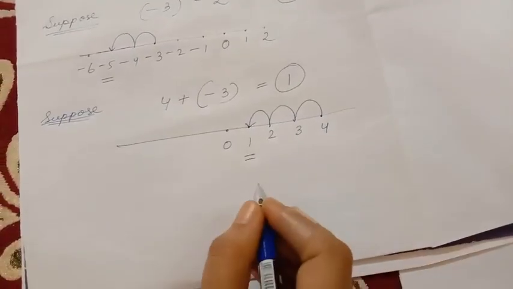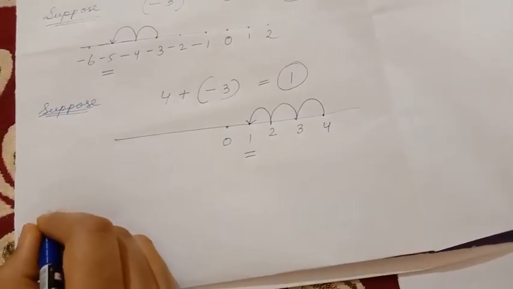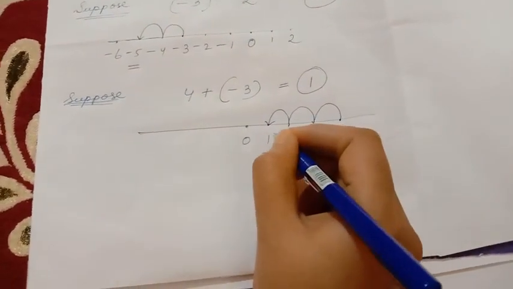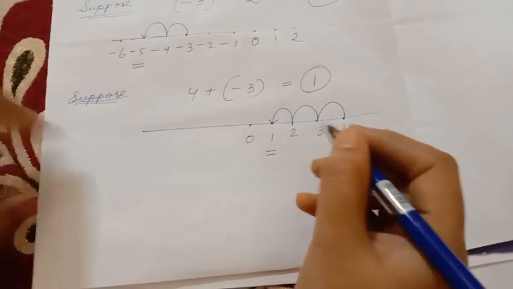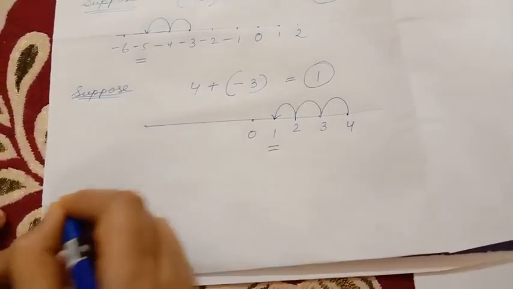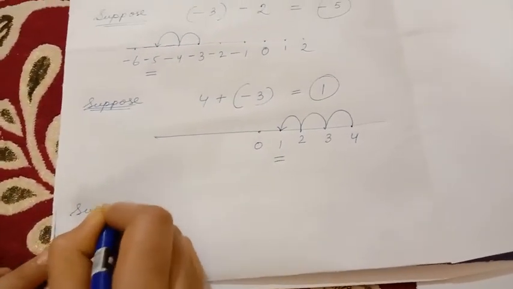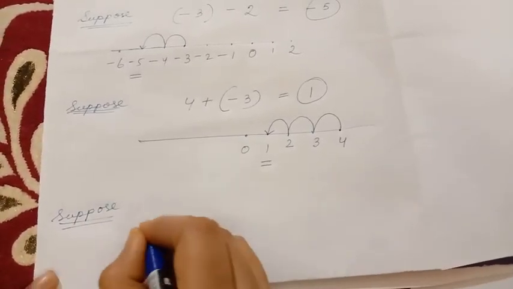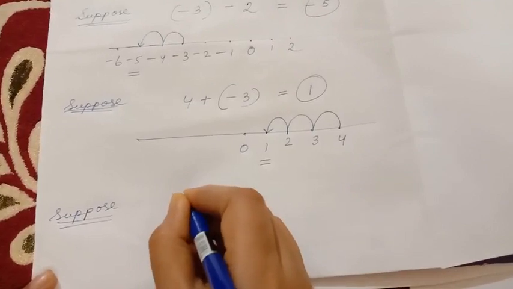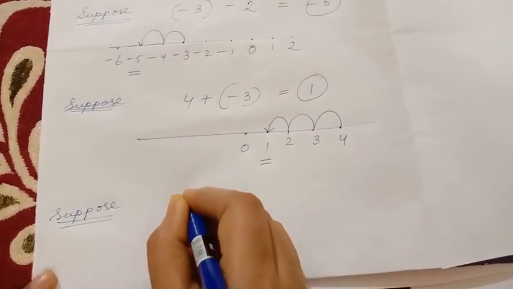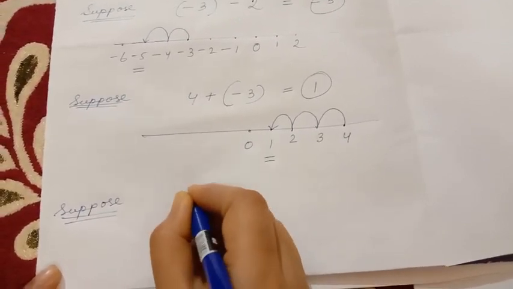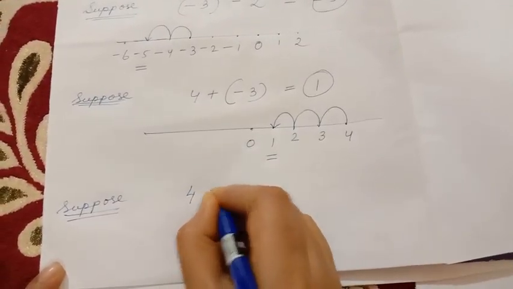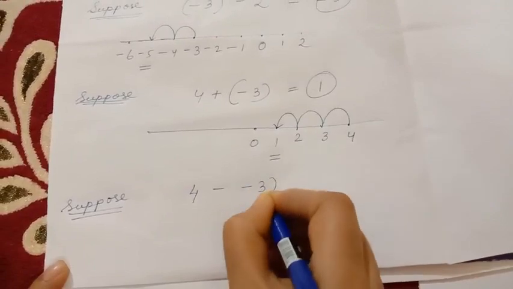This is for addition. Now for subtraction, just opposite. Here you are moving to the left. Now you have to move to the right. Same number we are taking, that is 4 minus minus 3.